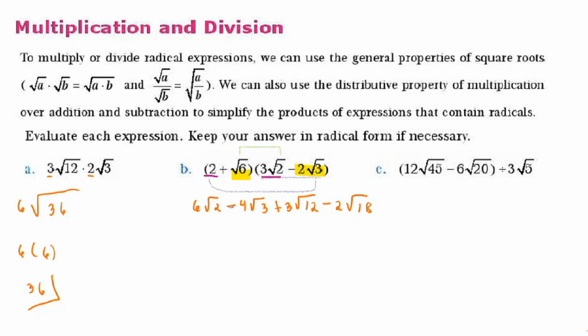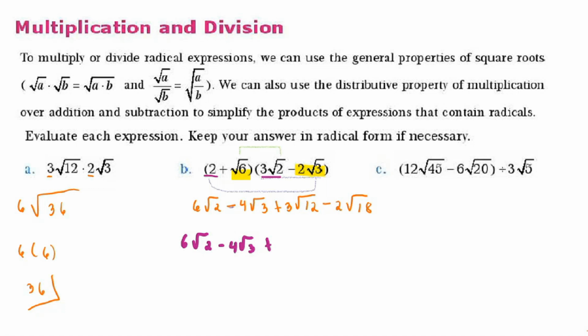Now, I will just rewrite the terms that I'm not going to simplify further. So I have 6 square root of 2 minus 4 square root of 3 plus, for 12, the factors of 12 are 4 times 3. So square root of 4 is 2. Okay, I will write it so that you will not be confused.